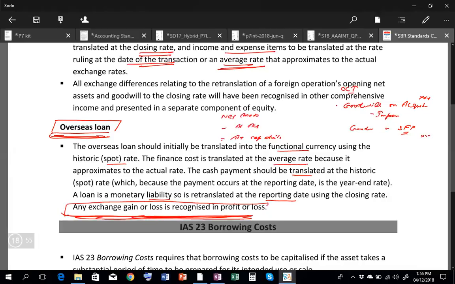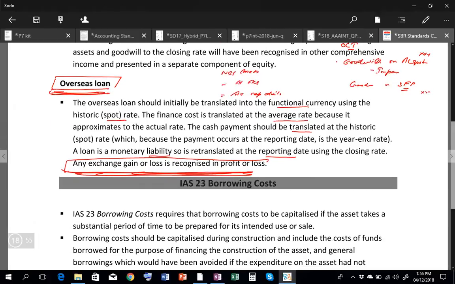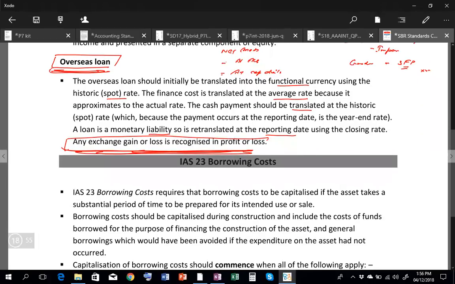This is quite a simple treatment, and you can expect this in the exam. If you're having a calculation, this is not rocket science. Say for example, you have taken dirhams and converted them into dollars using the spot rate. If you are making a payment, then again record it using the settlement date rate. For example, you took the loan, this is dirham, this is the exchange rate, dollar to dirham, and this is dollars.